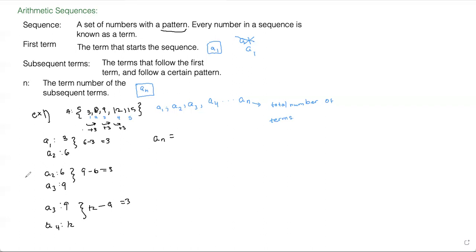So let's look at the term numbers for now, right? So A1 to A2. Let's say the term we were looking for, or AN, was 2, right? So to add one more, we would denote this as A sub N minus 1, the position number minus 1, which is the previous term, plus 3, right?